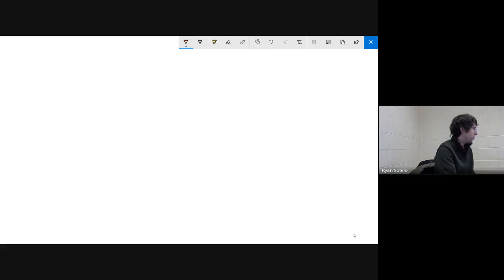There's another form for parabolas, for quadratics. Y equals x squared plus 4x plus 3. And this represents some sort of a parabola.